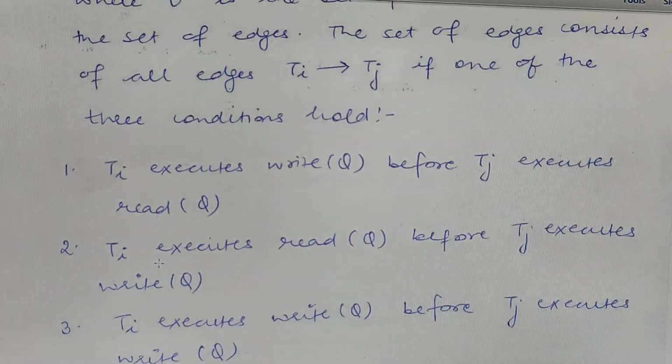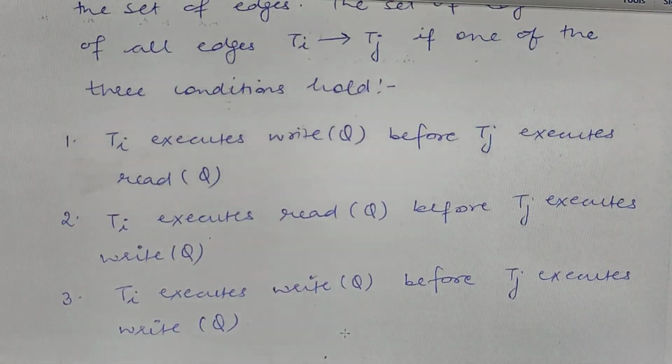Now the second case can be if Ti is executing read Q before Tj executes write Q. It means again read operation before write operation, then we will draw an edge from Ti to Tj. Third case can be both the transactions are executing the write operation, then the one who will execute it first, that we will start the edge with.